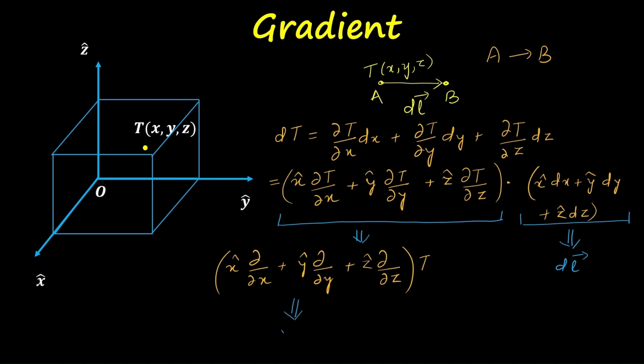We call it the del operator, and this del operator is operating on T. Now, if I try to summarize, I can write the total derivative of temperature, dT, is equal to the dot product of del T with dl.